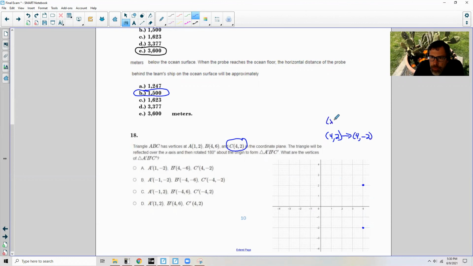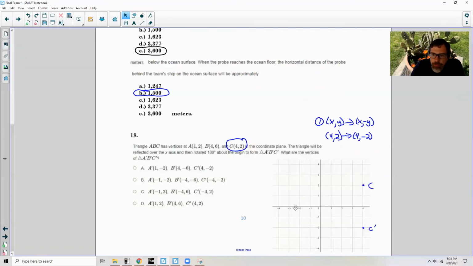So the rule would be (x, y) goes to (x, -y). That's step 1. Then it's rotated 180 degrees. Let's call it C. This is C prime. And now we're going to rotate 180 degrees.